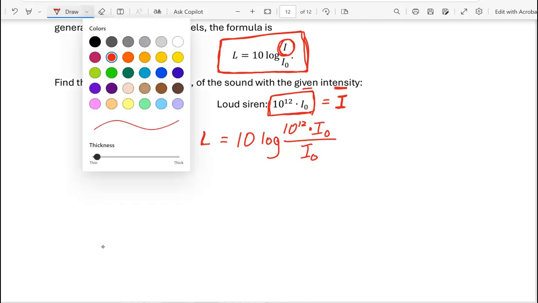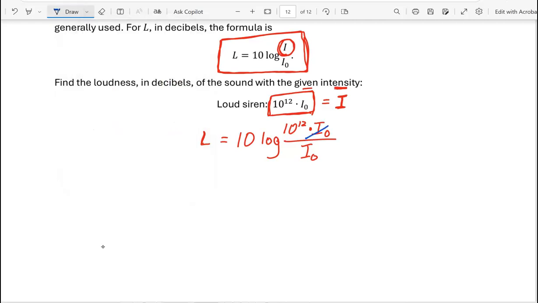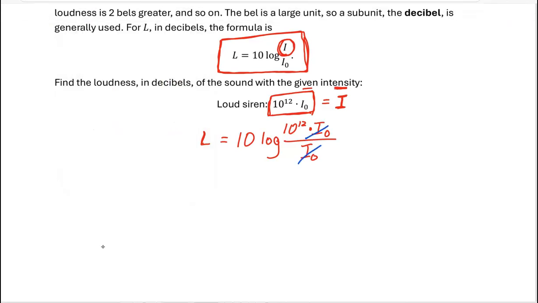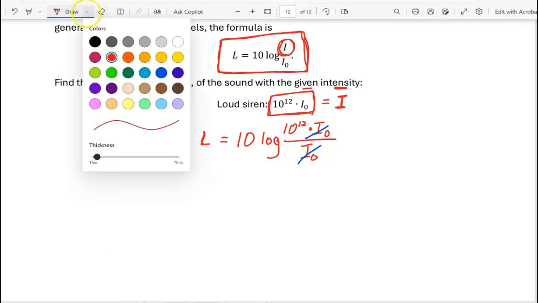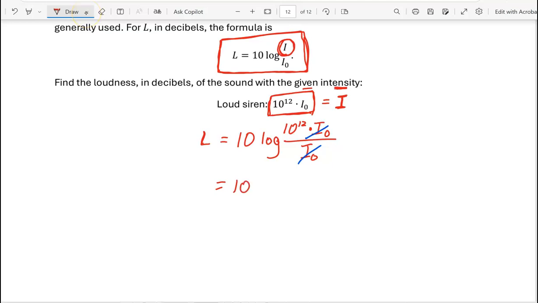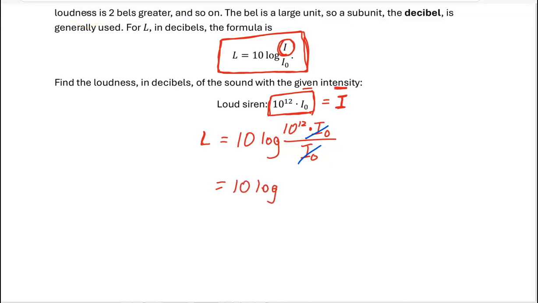Just some simple algebra here. The I sub 0 cancels out, right? So what I got is 10 times the common log of simply 10 to the 12th. That's it. From here on, you literally could type this in your calculator to figure it out.